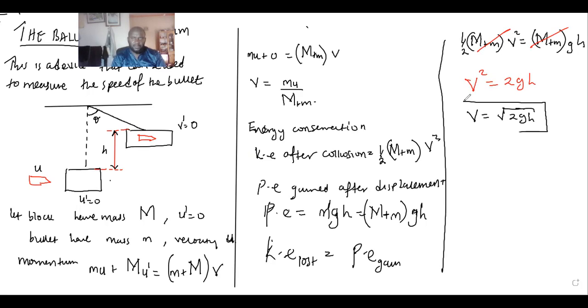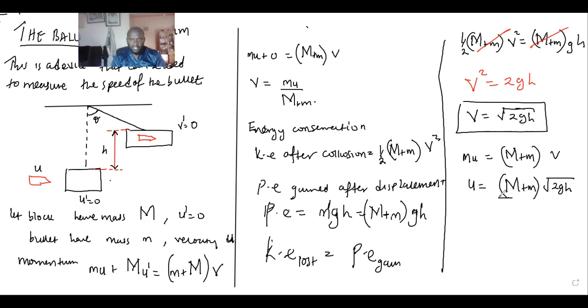And when you get capital V, you can substitute it back here and find the velocity of the bullet from mu is equal to capital M plus small m times V. So the initial velocity of the bullet is capital M plus small m times root of 2gh divided by the mass of the bullet.